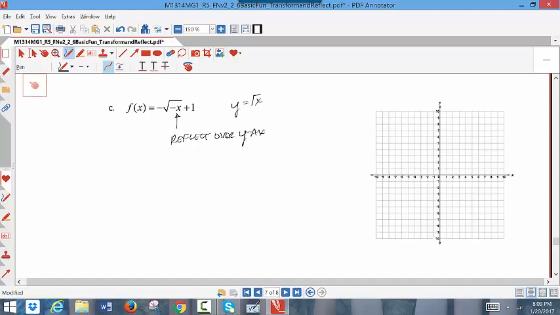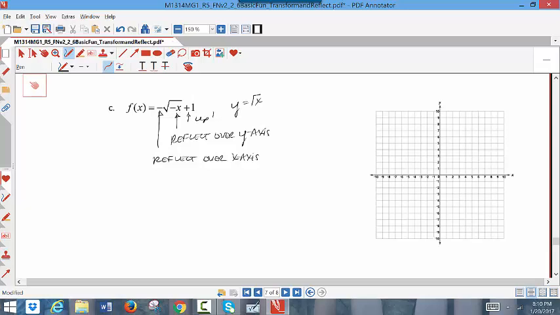X replaced with negative x would place it like from quadrant 1 over to quadrant 2, which means you're coming over the y-axis. Then the negative in the front is another reflection, and this is the reflection over the x-axis. Last but not least, the +1 on the end would be up 1.